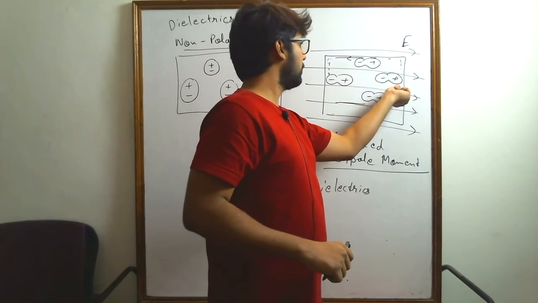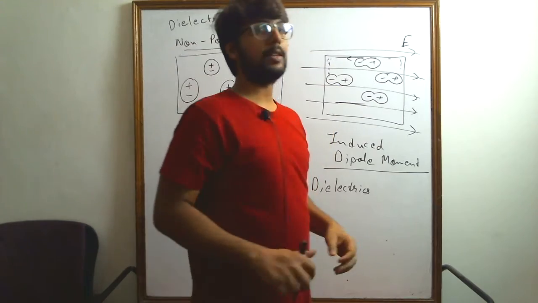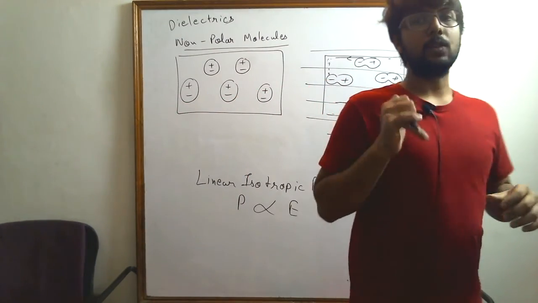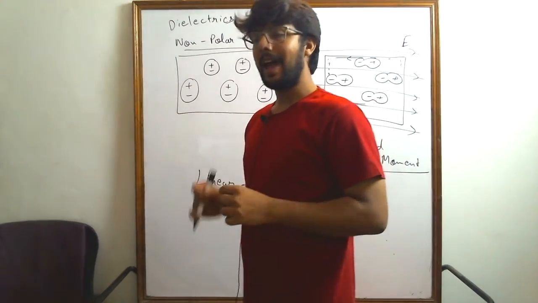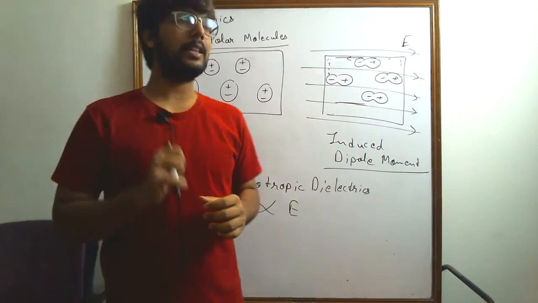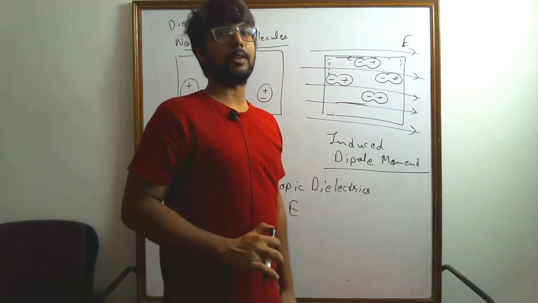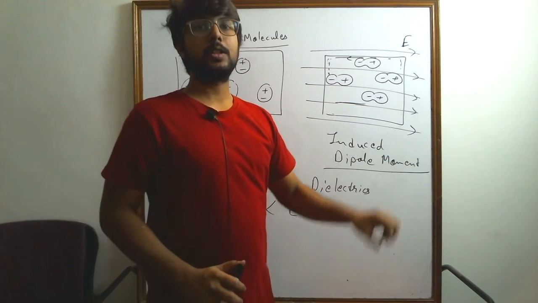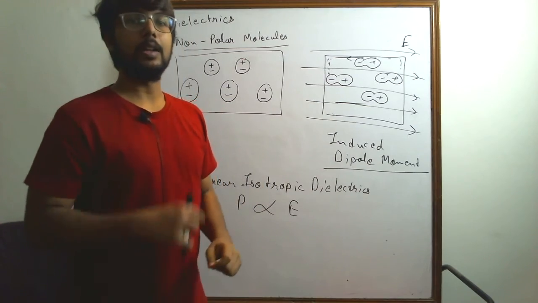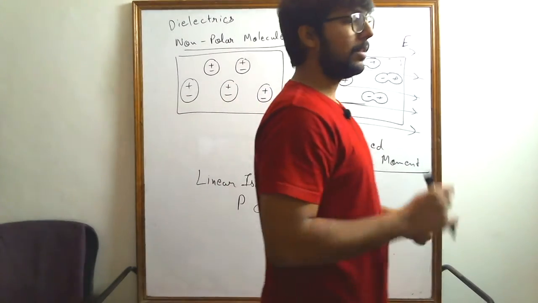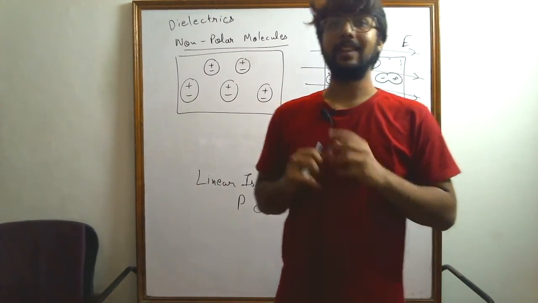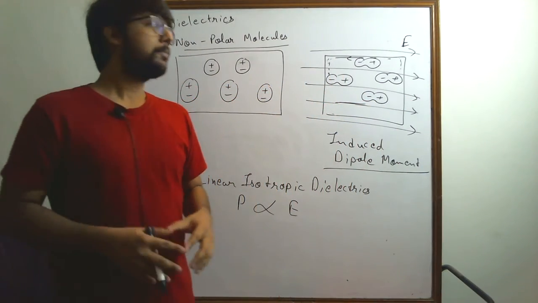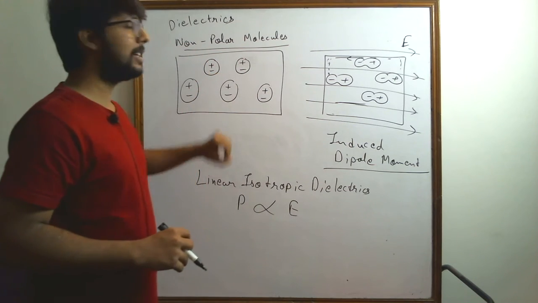Why? Because from this positive end to this negative end there will be an internal electric field. It is obviously not as strong and not equal to the external electric field. So in non-polar molecules there is an induced internal electric field opposing the external electric field, and that is the most important point.